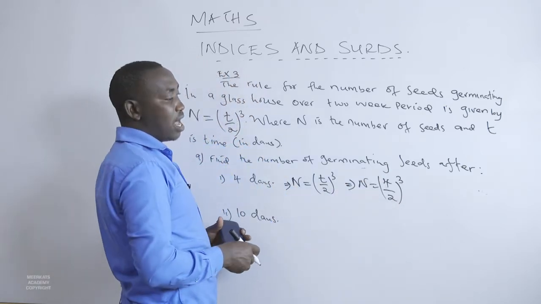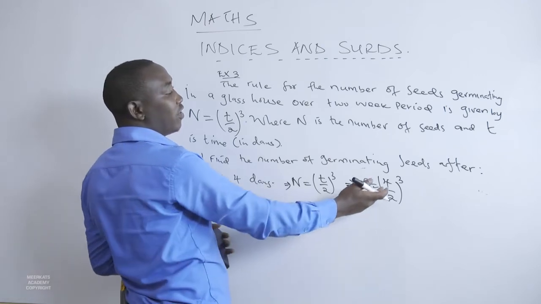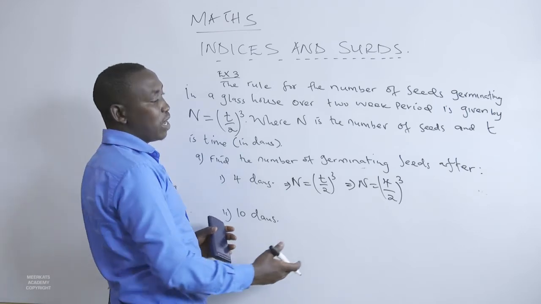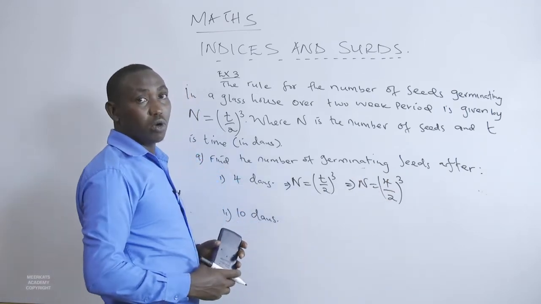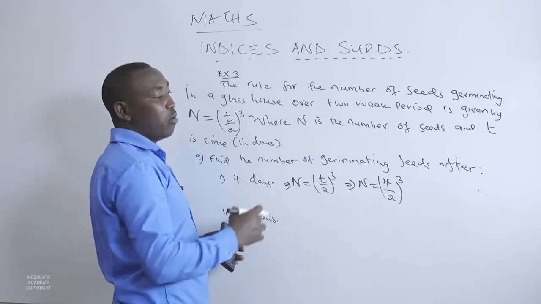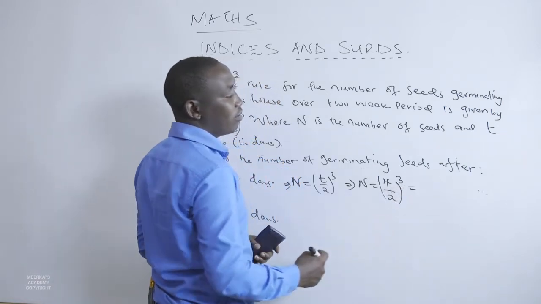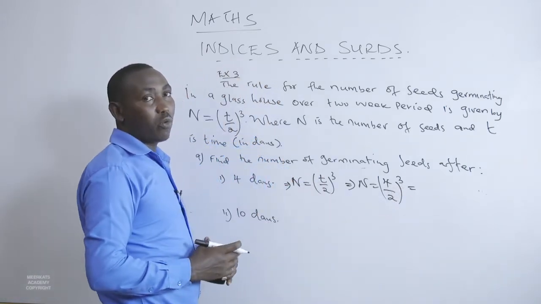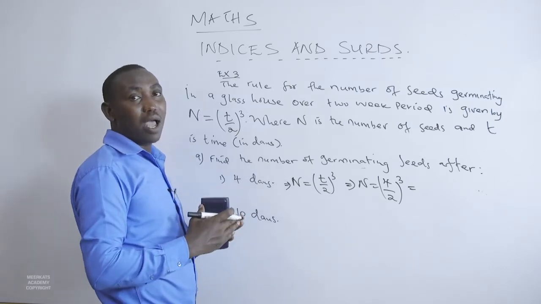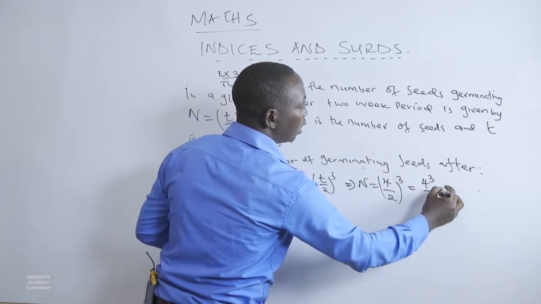Now from there are 2 ways which you can choose to go. Number 1 is to first raise each of them to the power of 3, or because 4 is a multiple of 2, we can first divide through by 2 for us to have one term which we are going to raise to 3. But going from what you have been learning, it means we must apply the power of 3 to both the denominator and the numerator. So this shall be 4 cubed all over 2 cubed.